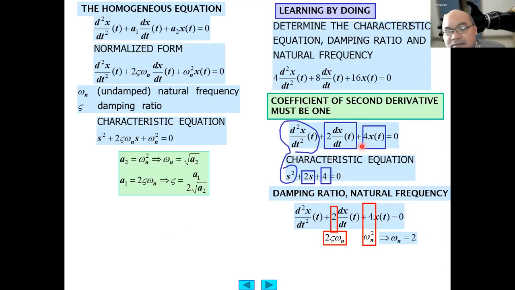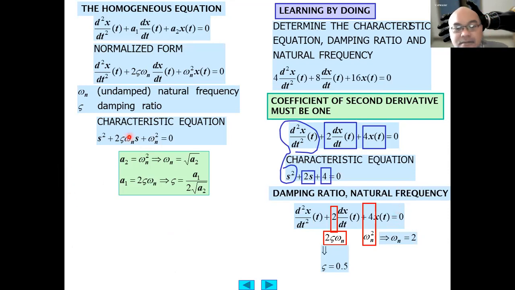So zeta equals 1 over omega n, or 1 over 2. Zeta equals a half. Okay, it's not that difficult for the implementation.